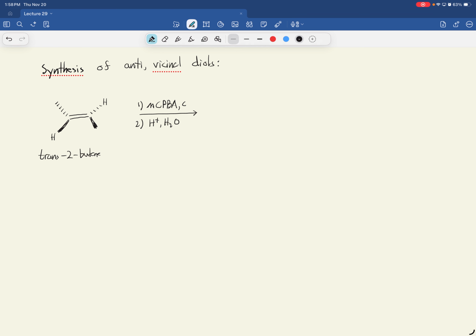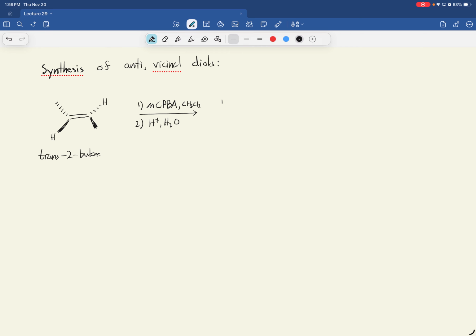Oh, sorry, I forgot the solvent. Anyone? So when we use MCPBA with an alkene, what's the functional group that forms? It's the epoxide. Good. So we form the epoxide, and then what happens when we subject that to acid and water? Yes, to form alcohol. So you're going to get the diol.